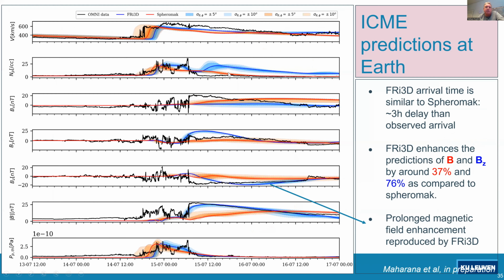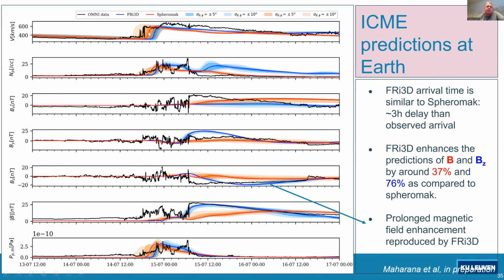Like in this simulation of Anrisha, in red you have the spheromak CME. In blue you have the Fright 3D CME simulation, and in black it is the actual measurements at L1, Lagrange point 1, and you see here that with Fright 3D the shock arrives a bit later.